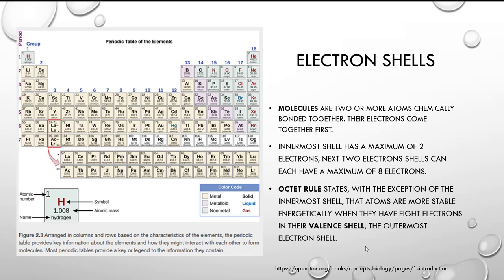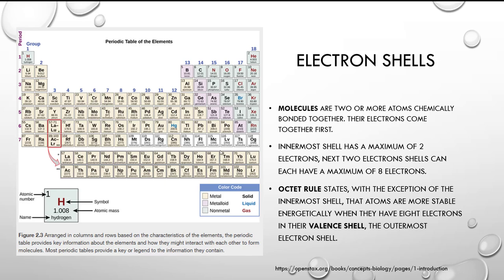Okay, so in order for us to figure out which of these elements are more likely to form molecules with each other, we have to figure out what their electrons are doing. And so we have to look at a couple of rules.